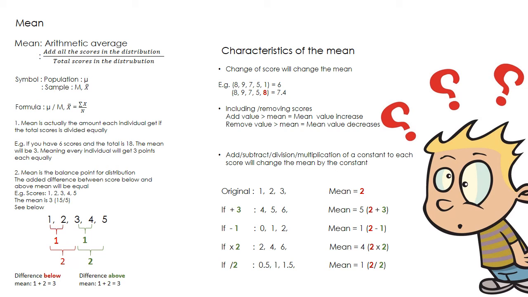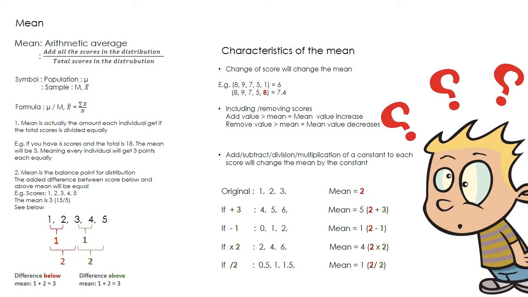So let's say I add 3 to every original score. So 1 plus 3 is 4, 2 plus 3 is 5, 3 plus 3 is 6. From the original, I've added 3 to each of the scores. So what happened to my mean? 4 plus 5 plus 6 will be 15. 15 divided by 3, the mean will be 5.